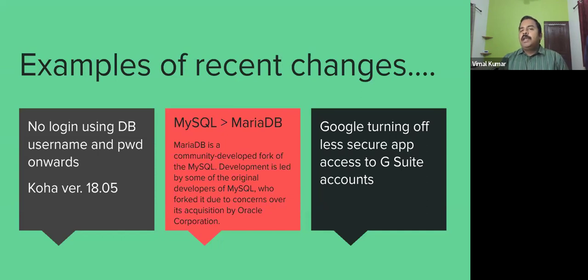But after that, emails were not being sent from Koha, and librarians were confused about the reason. Actually, they had turned off that feature. If they followed the groups and the community, they could easily know about it.